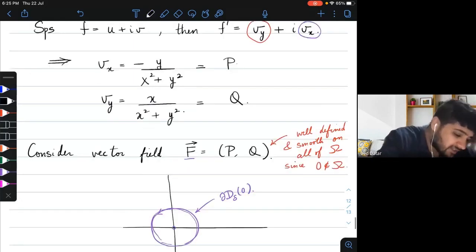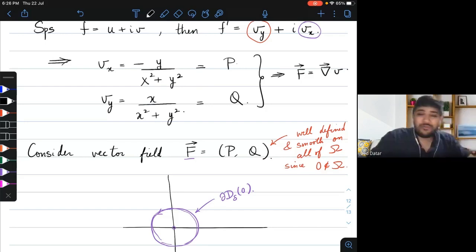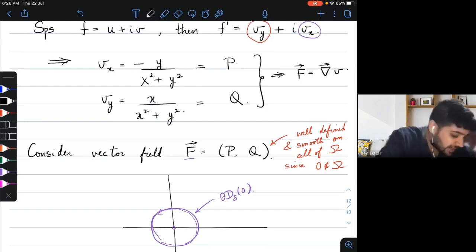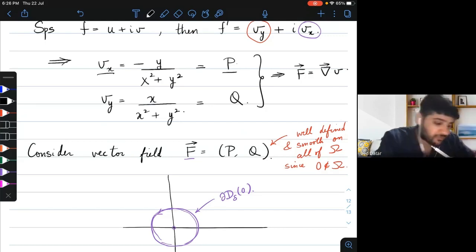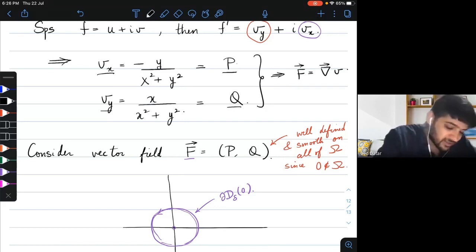So what this tells you is that this vector field F is actually the gradient of this function v, right? Because the x derivative is equal to the x component of F and the y derivative is equal to the y component of F. So F is just the gradient of v.